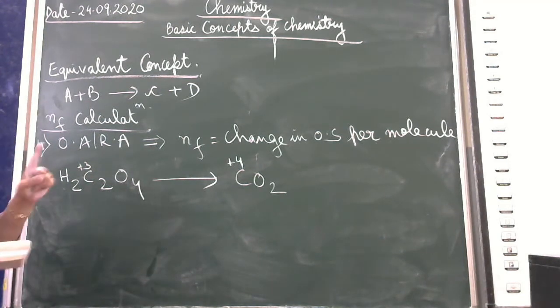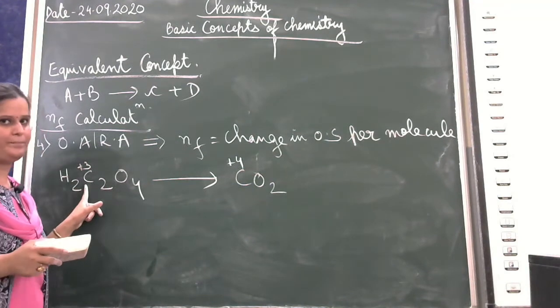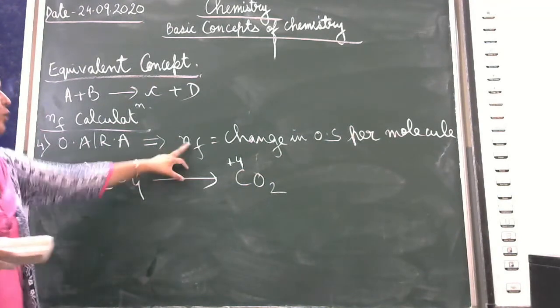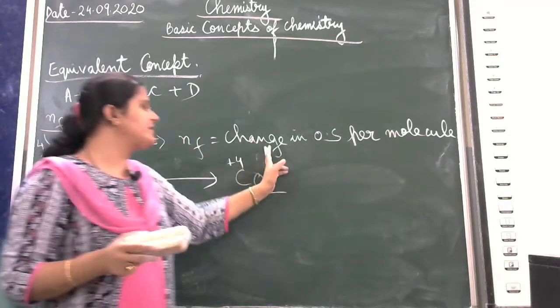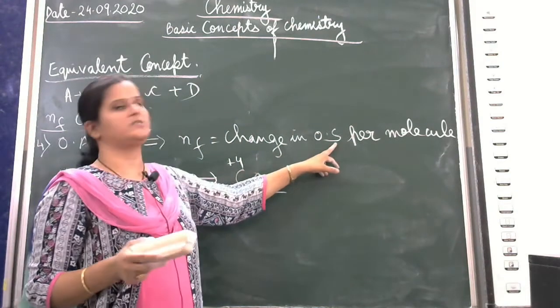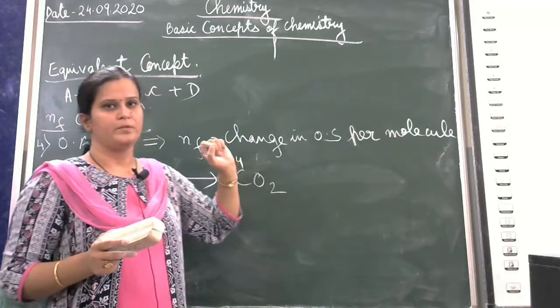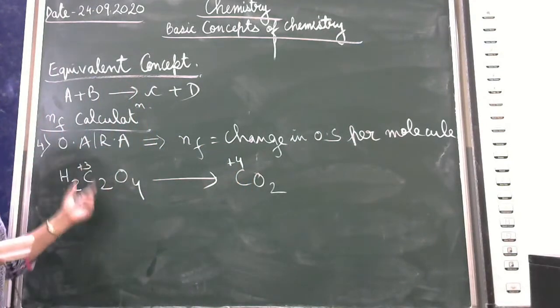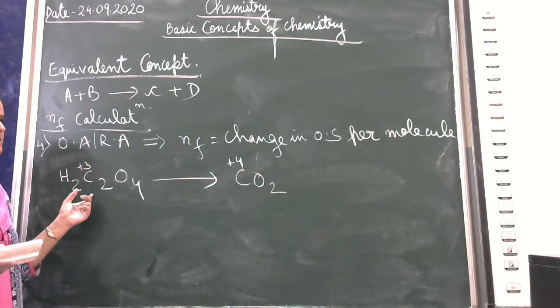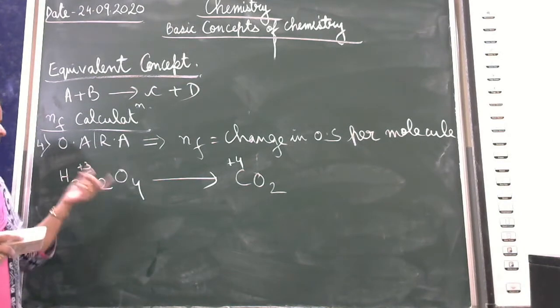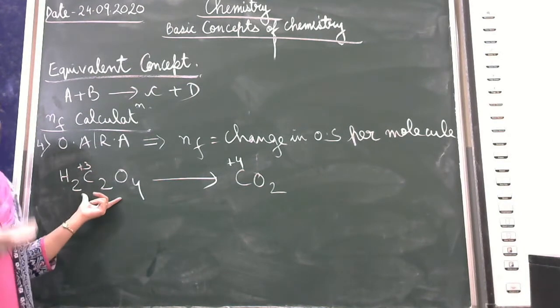But that 1 is actually for one atom. What did I say? N factor is the change in the oxidation state per molecule. I think I told you before that oxalic acid is an oxidizing agent. I told you by mistake, it is a reducing agent.